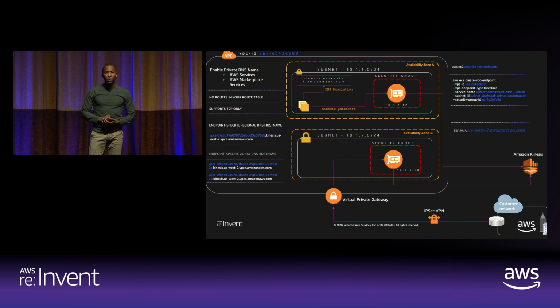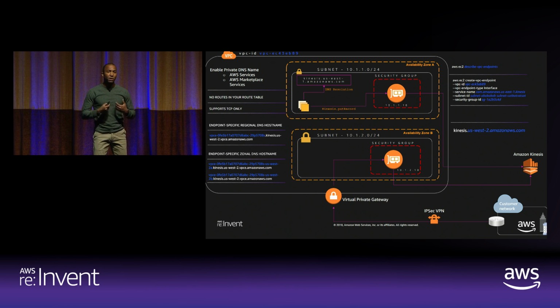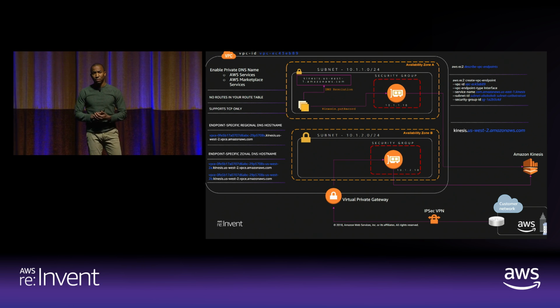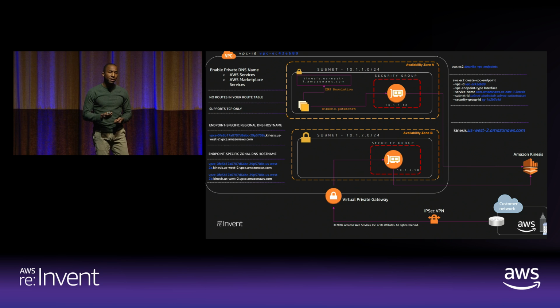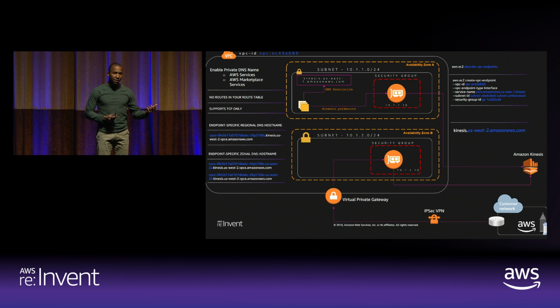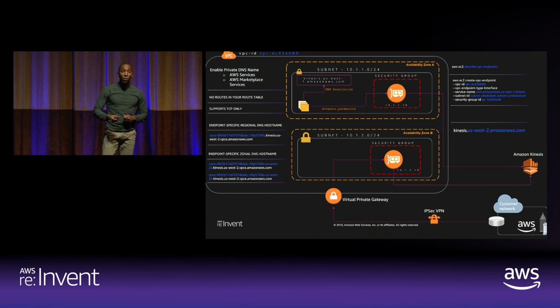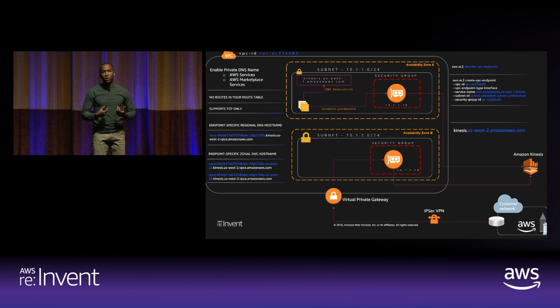Now, it's very important to note that if you're interacting with an AWS public service, like Kinesis, for example, then we recommend that you enable private DNS. The reason for this is, once you enable private DNS, AWS will associate a private hosted zone with your VPC for this AWS service, and will add a record set to your hosted zone that resolves to the private IP address of the network interface that exists within your environment.